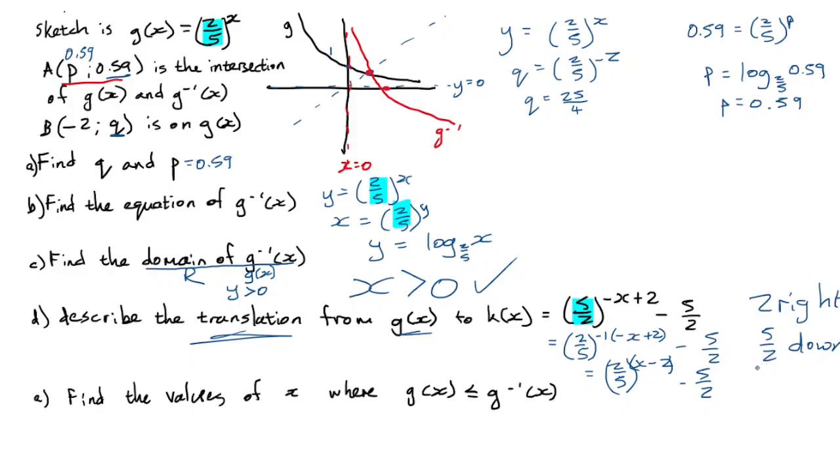And then in the last question, find the values of x for which the original black graph is below the inverse. So in the beginning, the black graph, there is no inverse graph happening in this quadrant. So I'm only really interested in the first quadrant. Where's the black graph below the red graph, the inverse? It's here. And then what happens after here? It is above. So all I'm interested in is just that tiny little section here. How do I write that answer as an x answer?